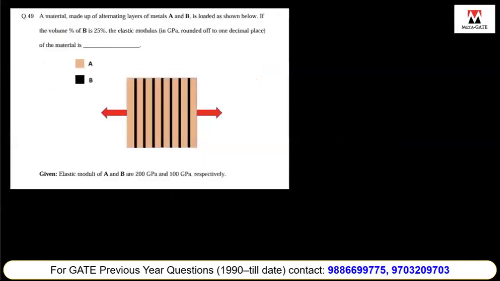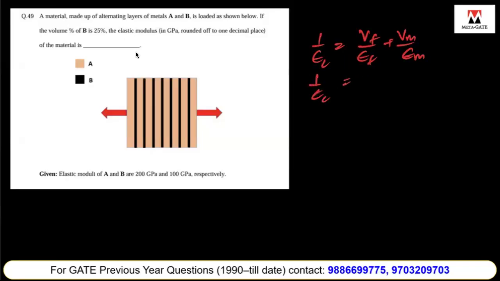The material, made up of alternating layers of metal A and metal B, is loaded as shown below. If the volume percentage of B is 25%, the elastic modulus is given as: here, the stress is applied in the transverse direction. We know in the transverse direction for composites, 1 by EC is equal to VF by EF plus VM by EM. So you need to find the elastic modulus of the material.